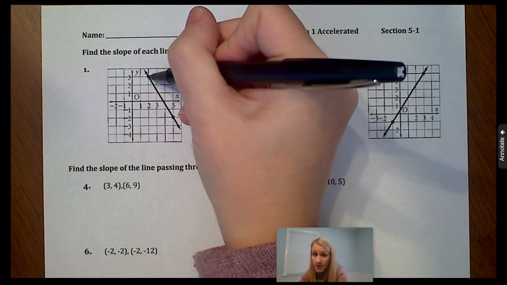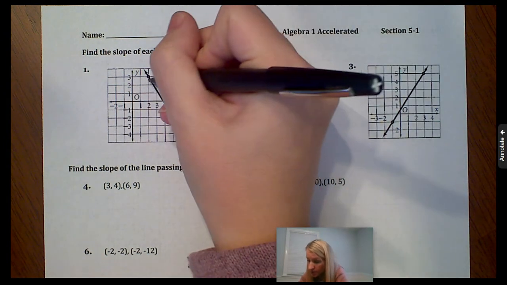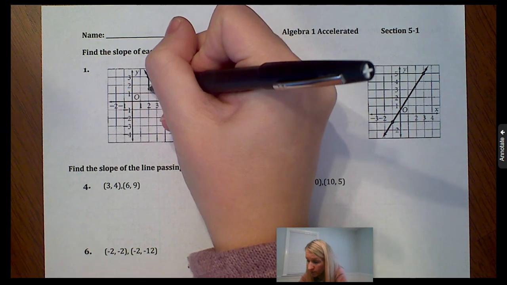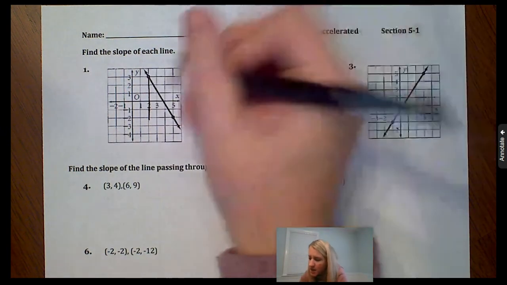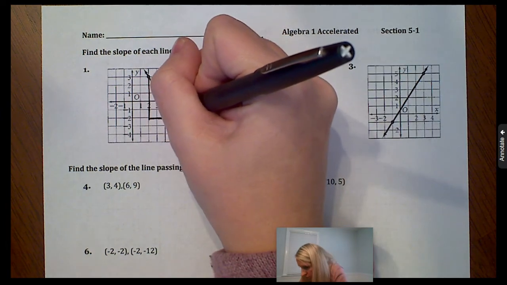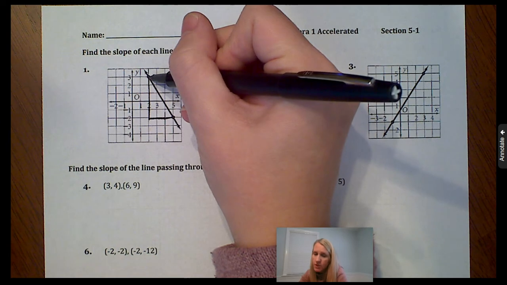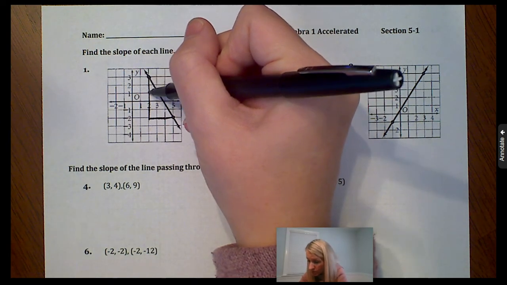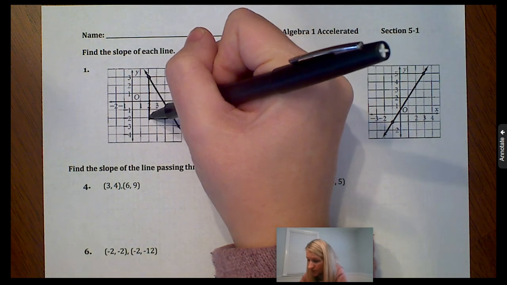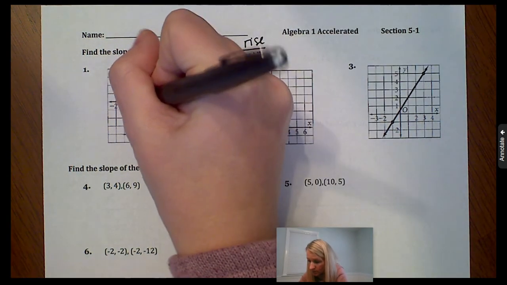When I'm going from this point to this point, once again, I move in the vertical direction. I would have to move down one, two, three, four, five, and then I would move to the right one, two, three. Just as a reminder, as you're counting, you do not count the original point. That's just your starting point. So from here, it's five down, and then three to the right.